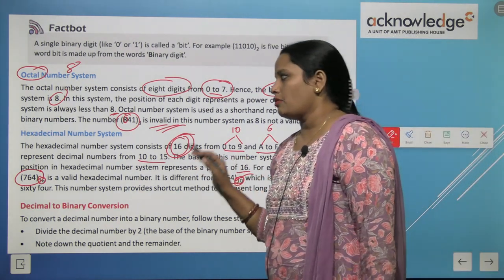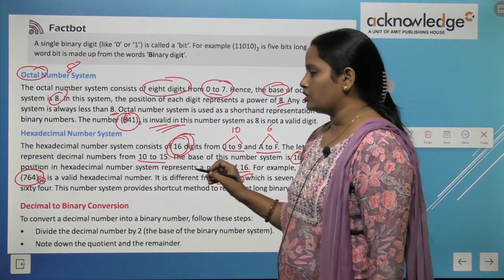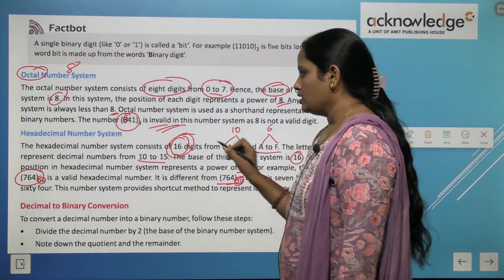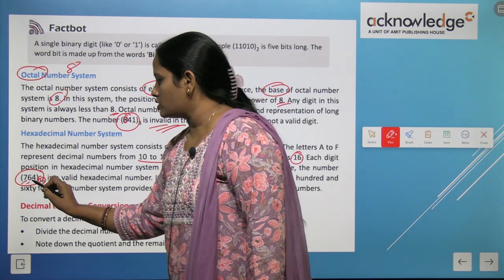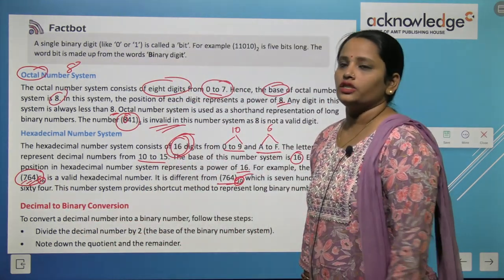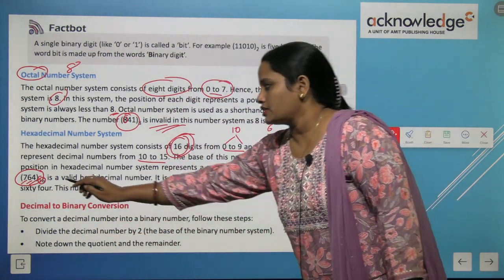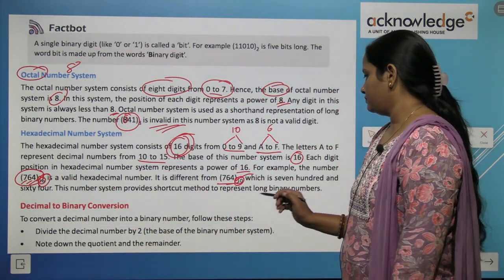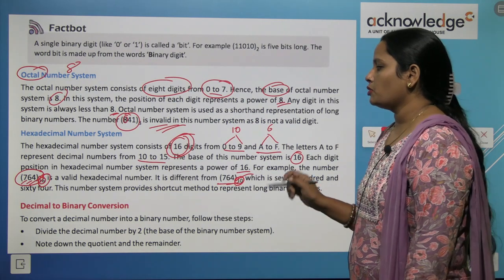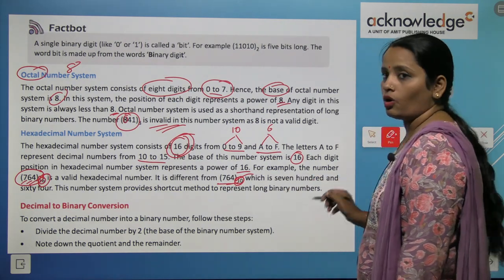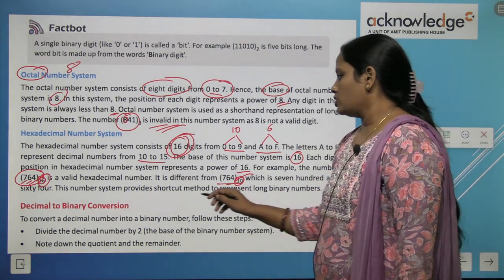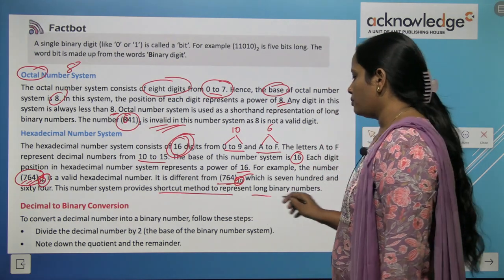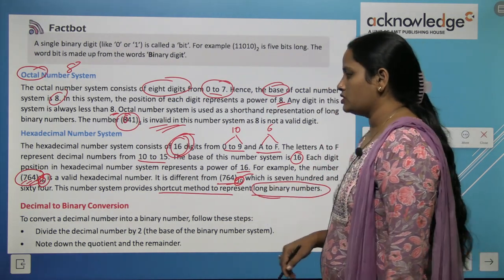So when we are talking about hexadecimal numbers, the digits should be from 0 to 9, and here we can see all these numbers written are between 0 to 9, and 16 is its base. So this is the shortcut method for representing long binary numbers.